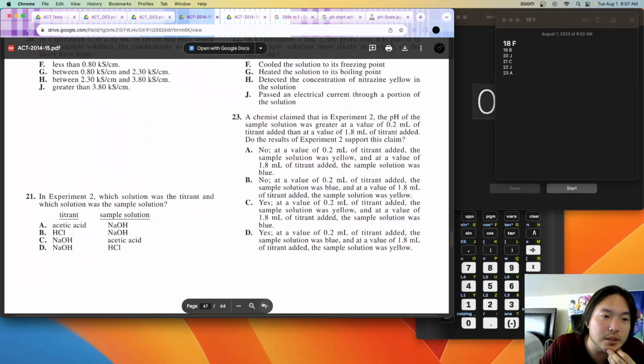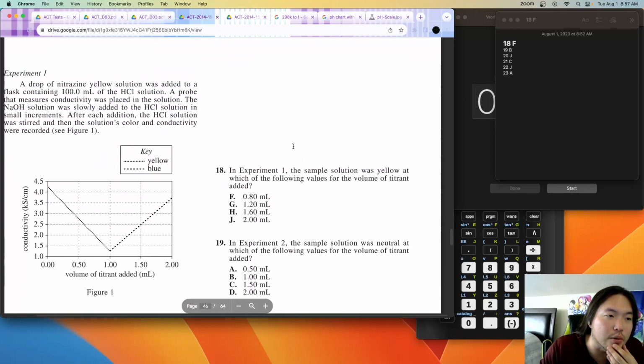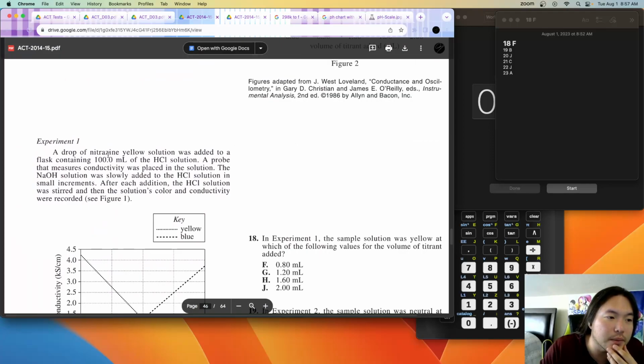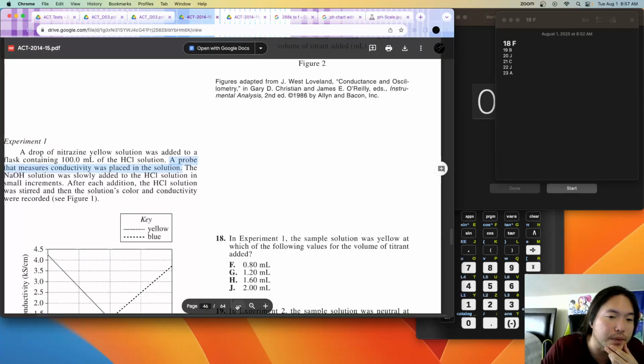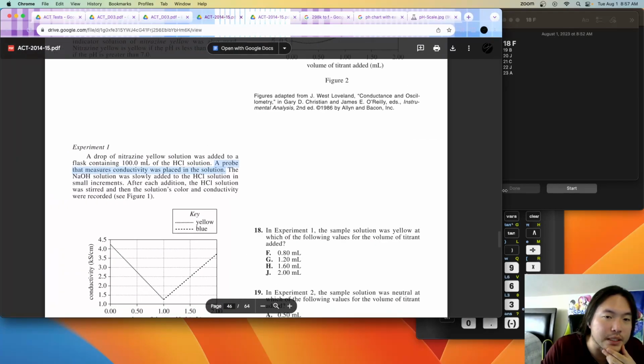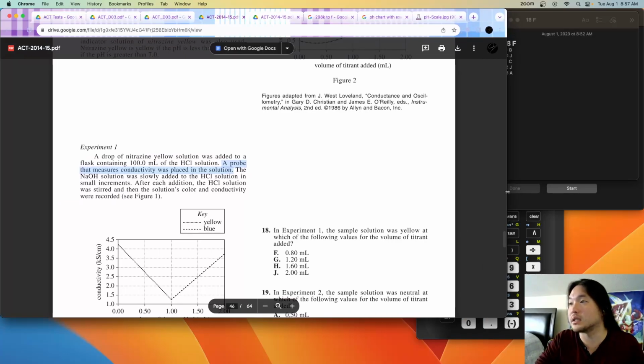Okay, so they're asking about the probe. In both the experiments, they used a probe. And where did they talk about the probe? Right here. A probe that measures conductivity was placed into the solution. Conductivity is the ability of something to carry electricity, right? Carry current.